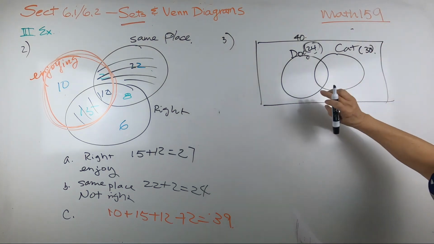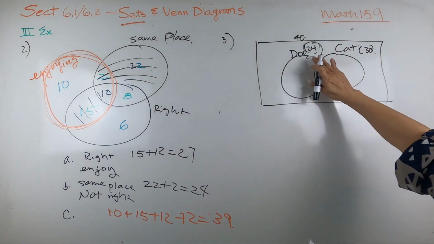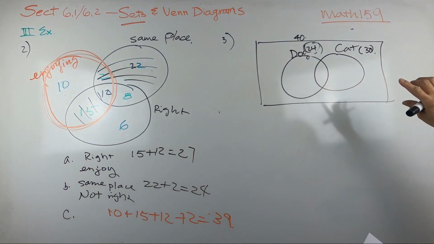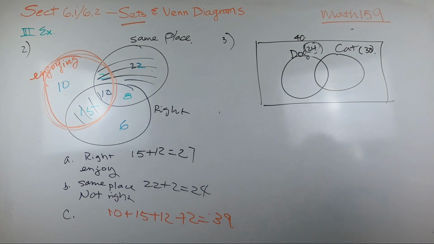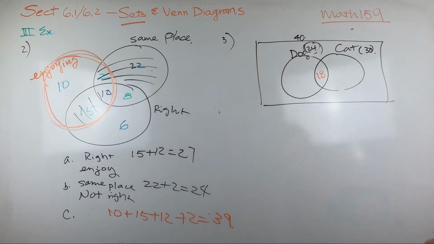But 18 of them have both cats and dogs. So 18 belongs there, right?